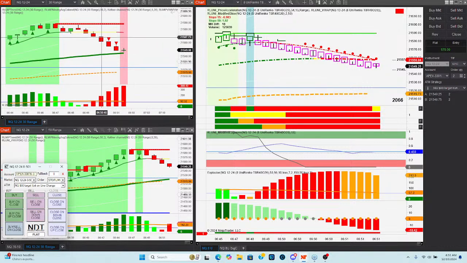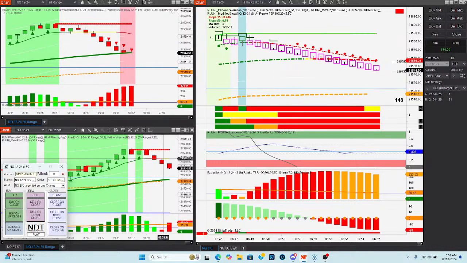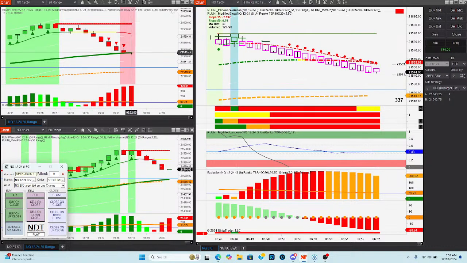Okay, so what do we have here? This ended up being a really nice pullback. Right here, I'm looking. Okay, this is good. Now, as soon as the price gets on the other side of this 30, I'll start getting a little bit of a spread here, which is good.